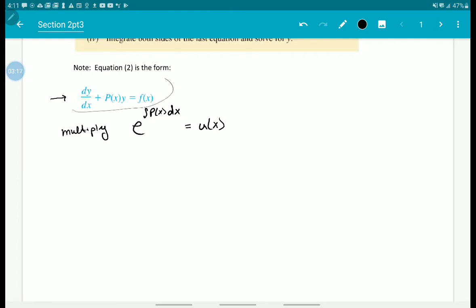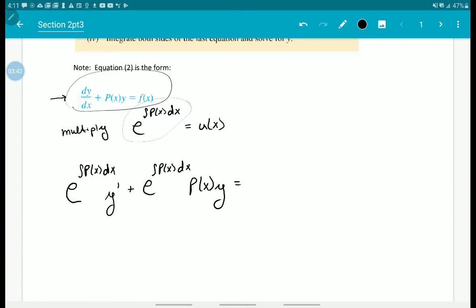So if I multiply everything by this, if I multiply this by that, I'm going to end up with this guy. I'm going to use y prime instead of dy over dx just to make notation a little bit easier to see. So we would have that.